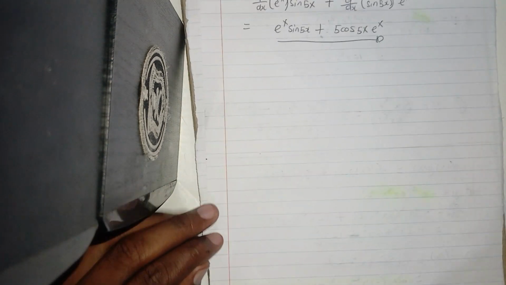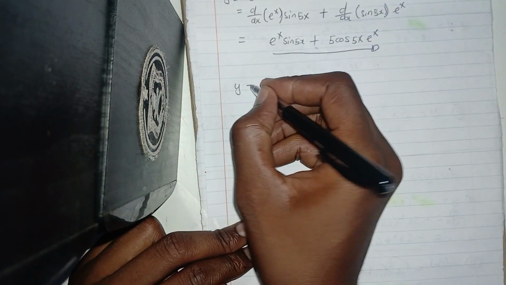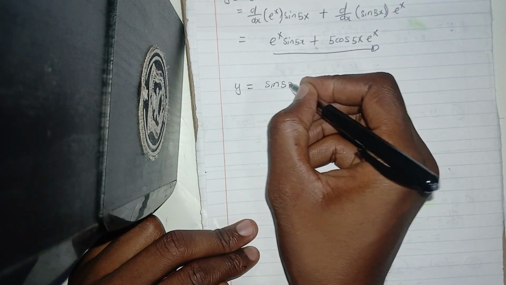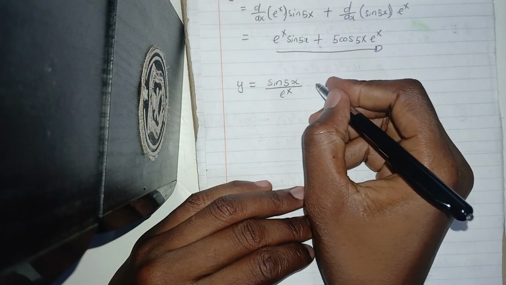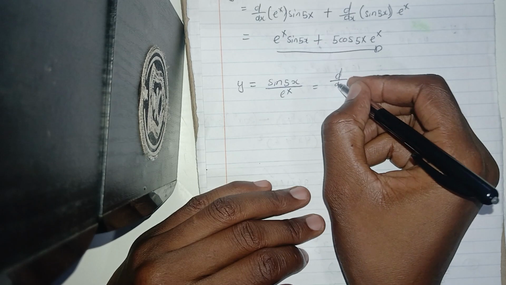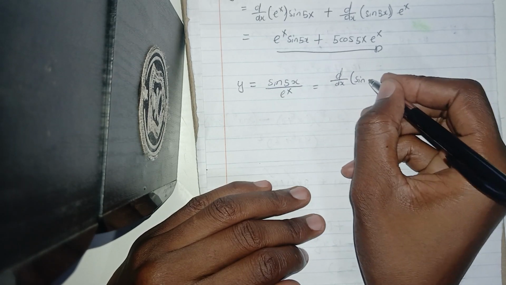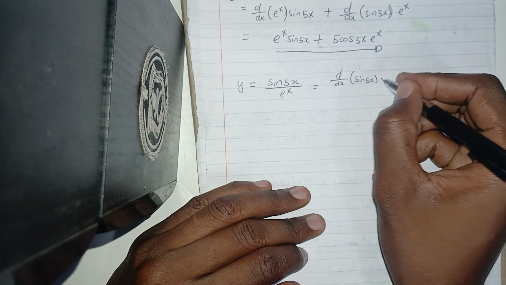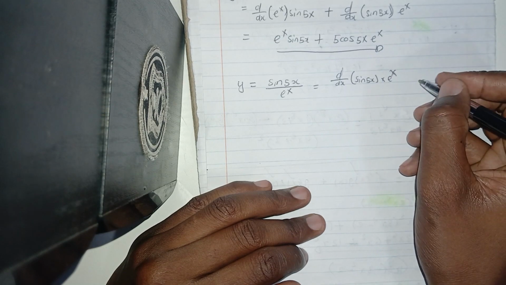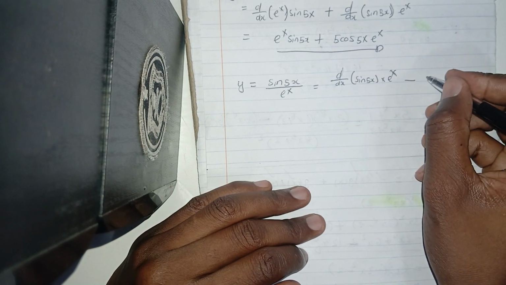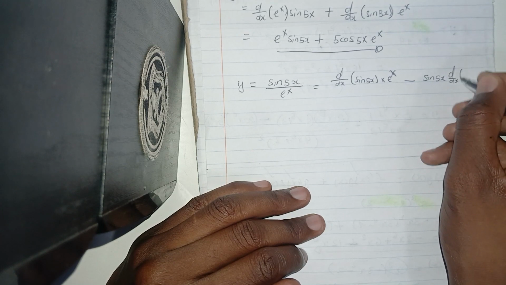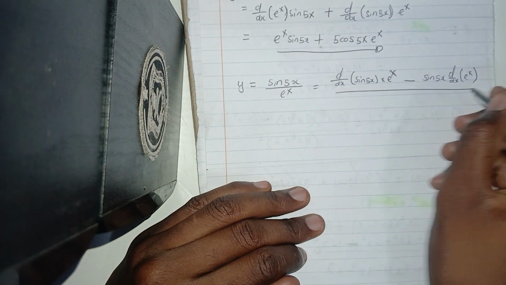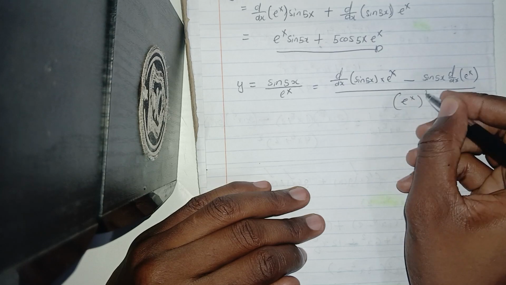Now, if ever you're given it like this, in a quotient way, you know very well that you have to derive the numerator, multiply it by the denominator, subtract the numerator, deriving the denominator, and then divide by the denominator squared.